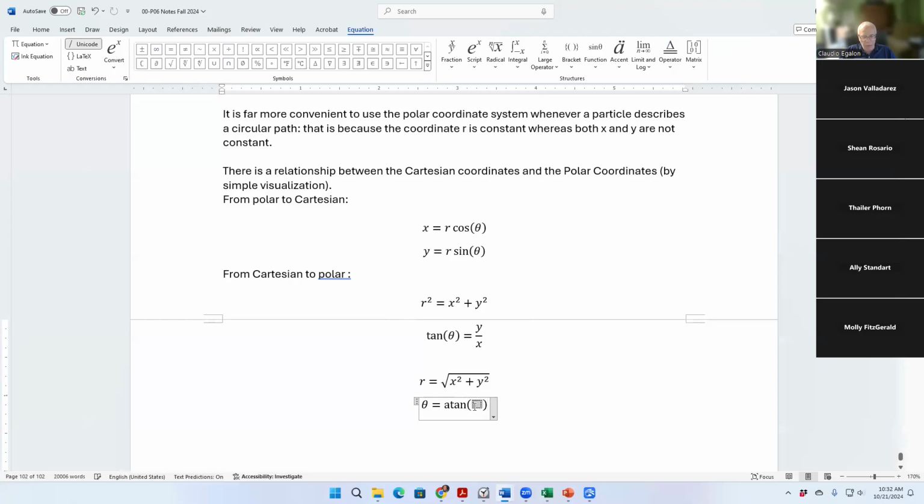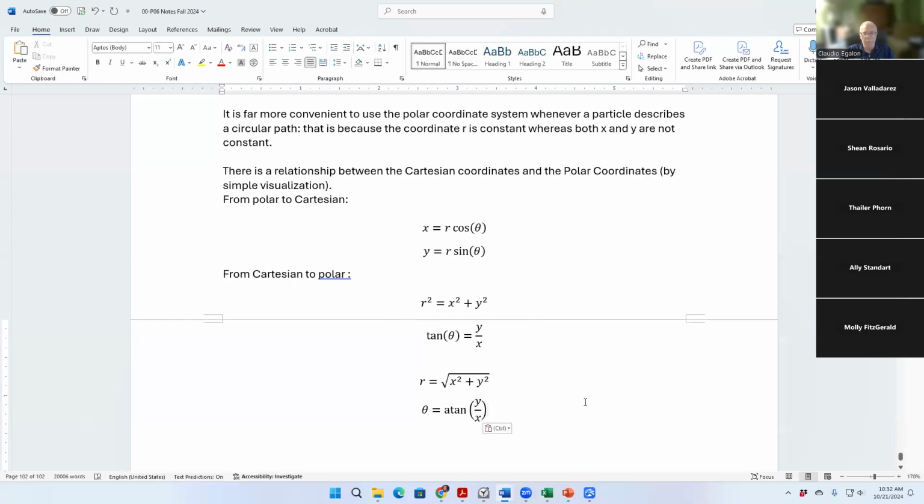That's how we change from one coordinate system to another one. So if you have your coordinates x and y and you want to know r and theta, you use this transformation right here. If you have r and theta and you want to know x and y, you use this transformation right in here.